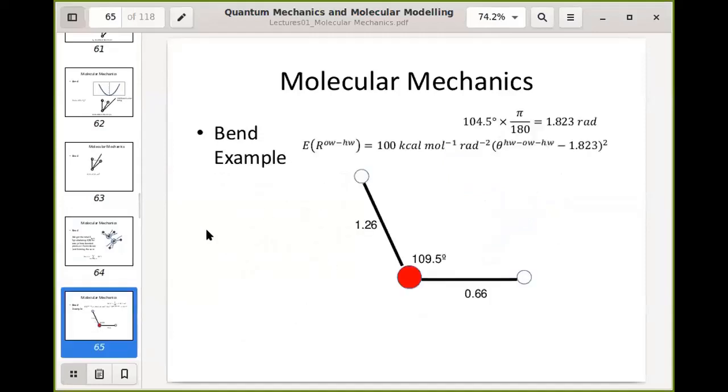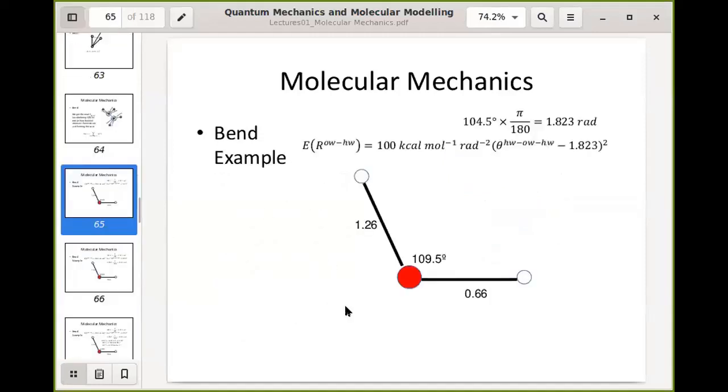So just as an example, we go back to that water molecule, and we've dealt with the bonds, but it'd be interesting to look at this angle. And if I look in the software at what is used for E-bend, for an HOH water bend, it's 100 kilocalories per mole per radian squared into theta minus whatever 104.5 degrees is in radians.